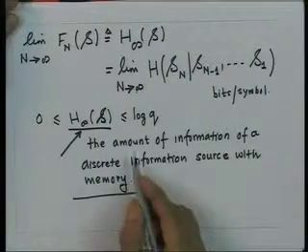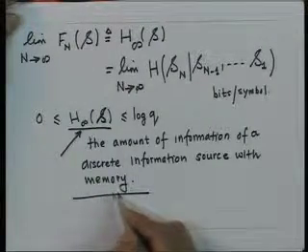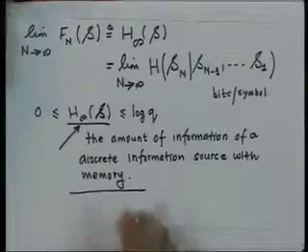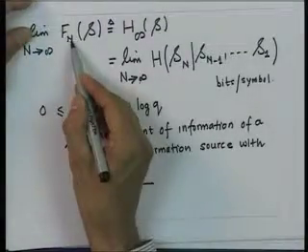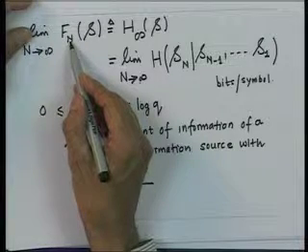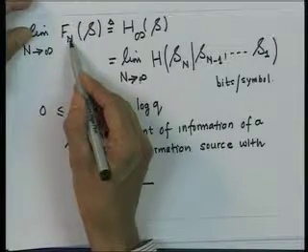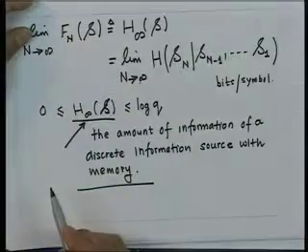Now, if we assume a Markov source of order k, then what this implies is that as I keep on increasing the value of n, beyond a certain value of n, this Fn(S) will not fall.